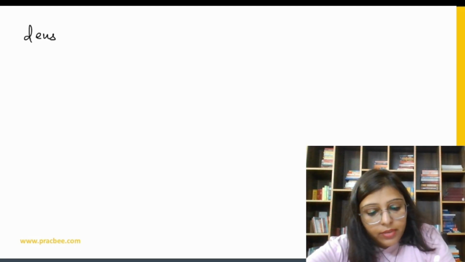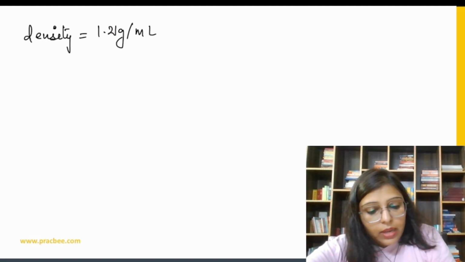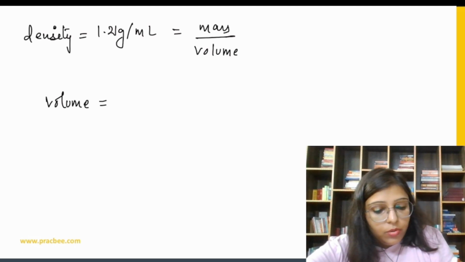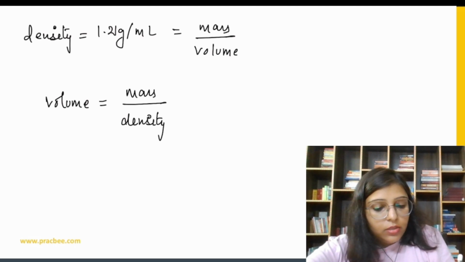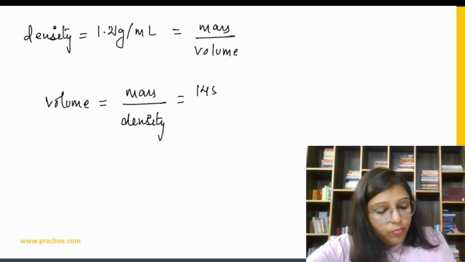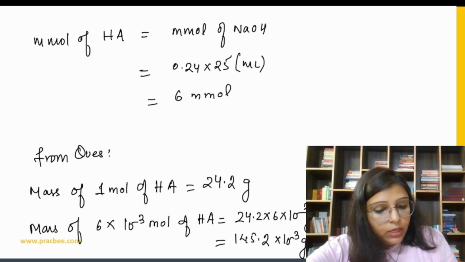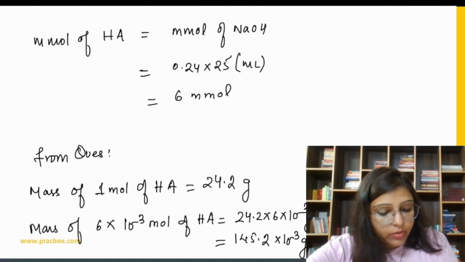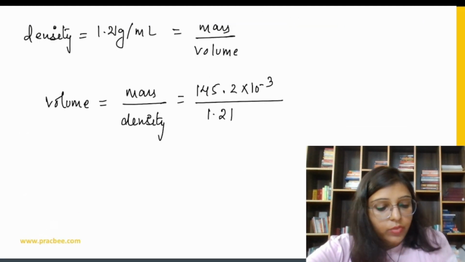Now density is given, 1.21 gram per ml. We know that density is equal to mass upon volume, so from this we can find the volume: mass of HA upon density, which is 145.2 into 10 to the power minus 3 upon 1.21.